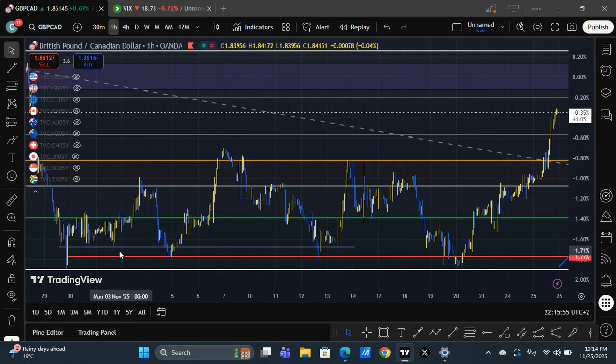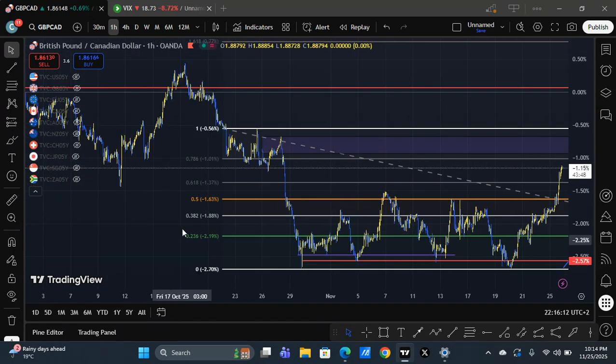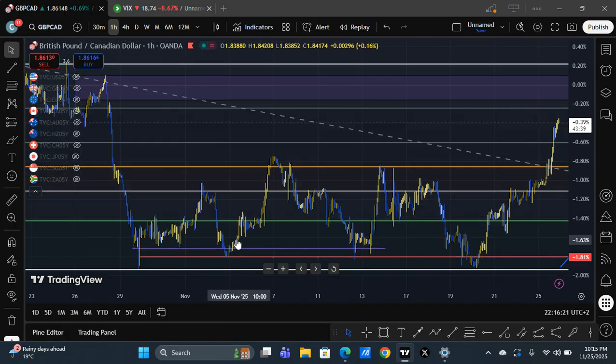Normally when I trade, the market goes to the lowest low and then it has to go straight to the 50% fib and the 23.6, the golden line and the green line.